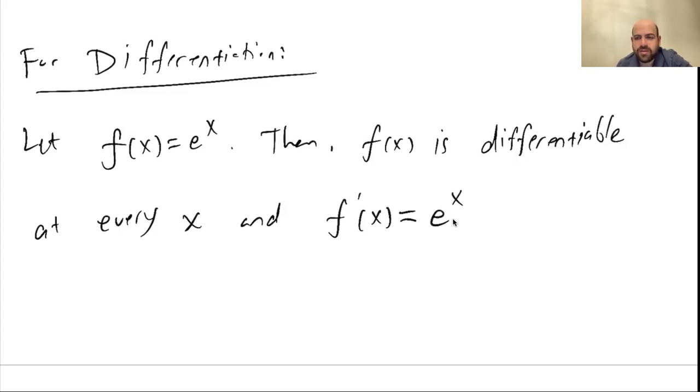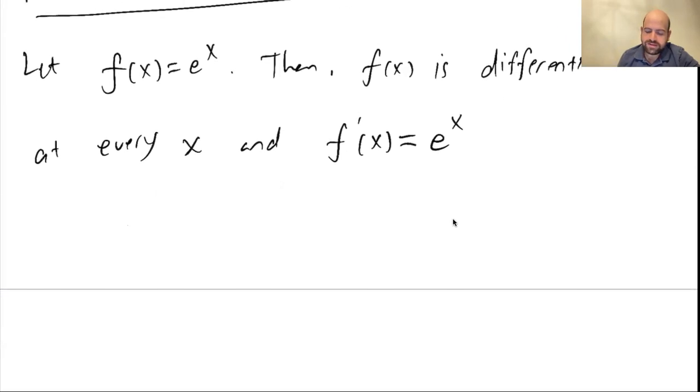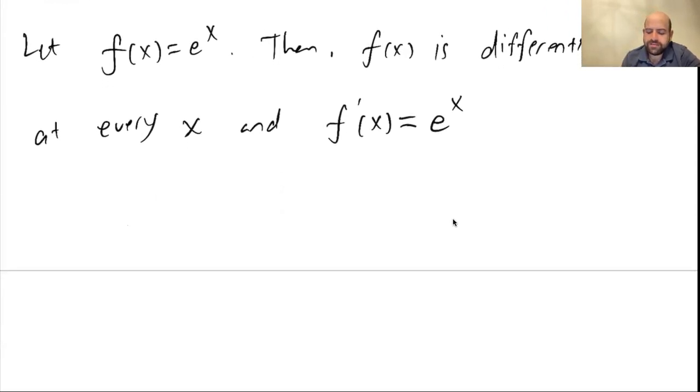And that's the only type of function in the world that has this interesting property. So if f of x is e to the x, then f of x is differentiable for every x, and f prime of x is equal to e to the x. So let's look at the proof.